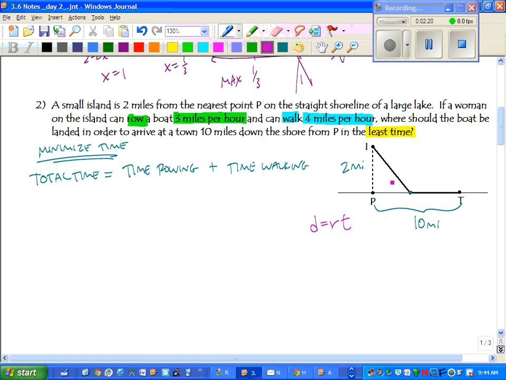This is how we generally see it a lot of times. Distance equals rate times time. We're dealing with some distances here. We were given rates, how fast she's walking and rowing. We're trying to find time, so I'm going to solve this for t. Time is the same as the distance divided by the rate.